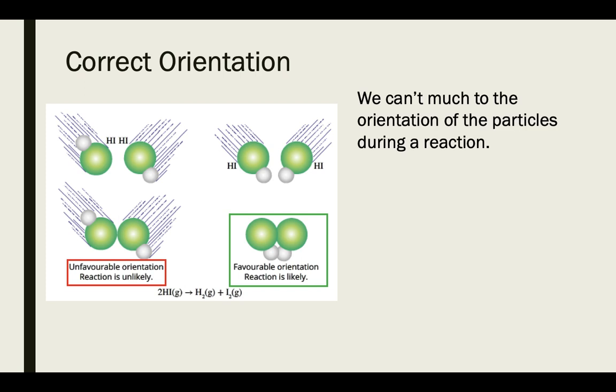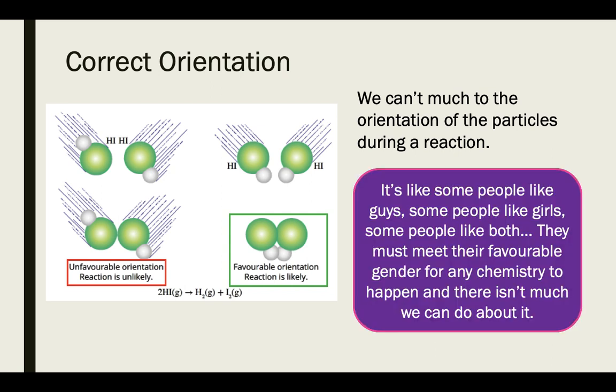Well, the sad news is that we can't do much about the orientation when the particles actually collide in the reaction. Another human analogy here is that some people are born into liking guys, other people are born into liking girls, or some people are born to like both. So in a social event, they must meet their favorable gender.